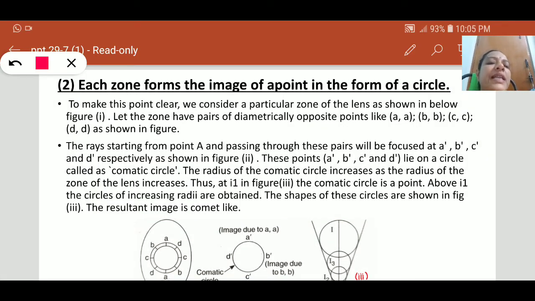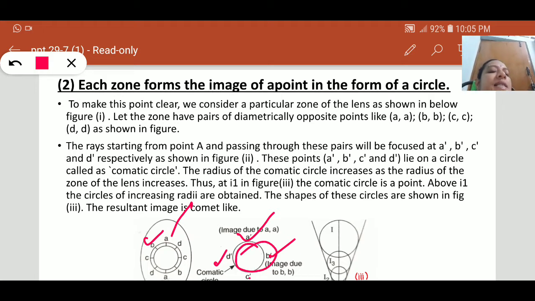Observing this figure, the rays starting from A and passing through these pairs form the image A dash, similarly B dash, C dash and D dash. These points A dash, B dash, C dash lie on a circle called the comatic circle.